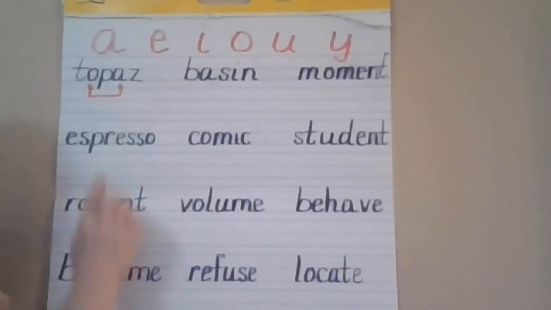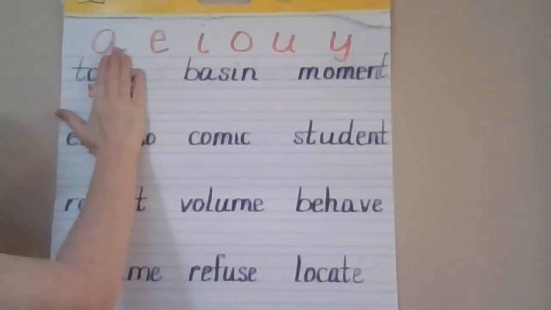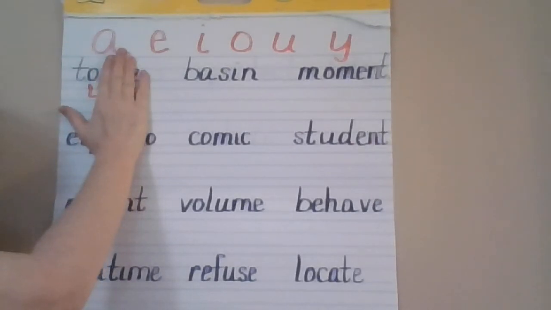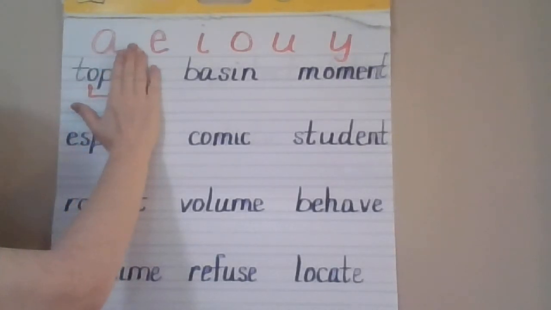Now, if you see right here, I only have one letter, one consonant on my bridge. So we need to decide if we're going to separate this word here and make this an open syllable with a long vowel, or if we're going to divide it after the consonant and make it a closed syllable with a short vowel sound.